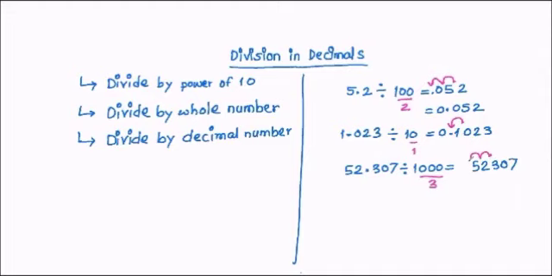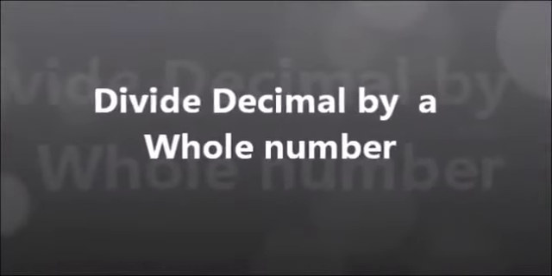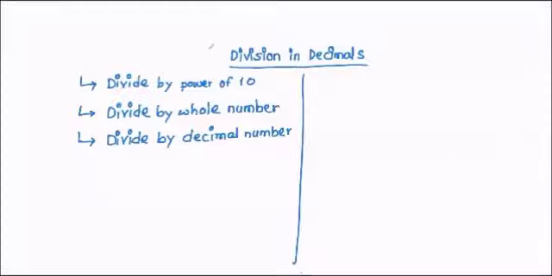Now we don't have the third place, so we'll add a 0 and then we'll give the decimal point. So our answer becomes 0.052307.